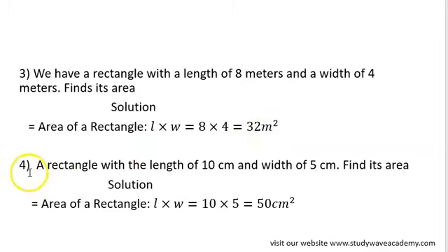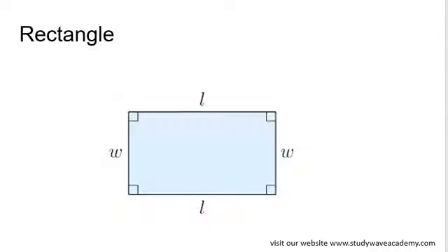We have number 4. We're going to read the question. A rectangle with a length of 10 centimeter and a width of 5 centimeter, find its area. Okay, we have to find the area of a rectangle. The rectangle's length is 10 centimeter and the width is 5 centimeter. What do we do? We multiply the length times the width, right? Good.